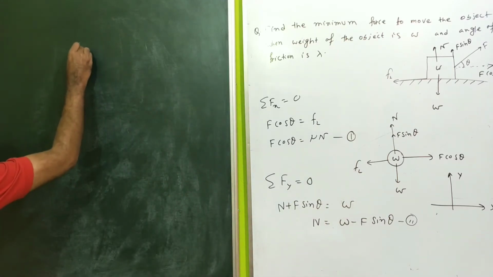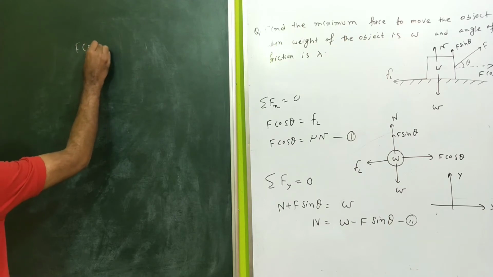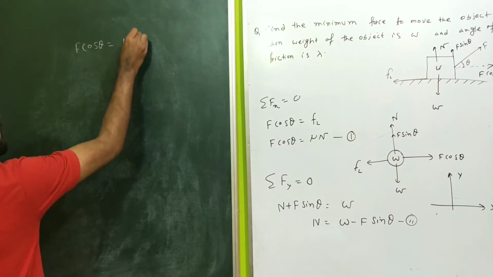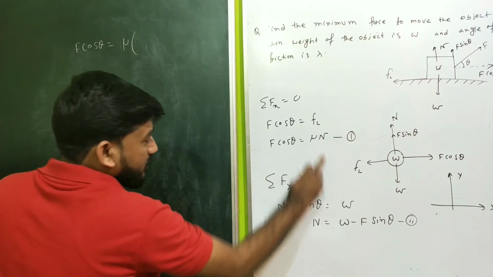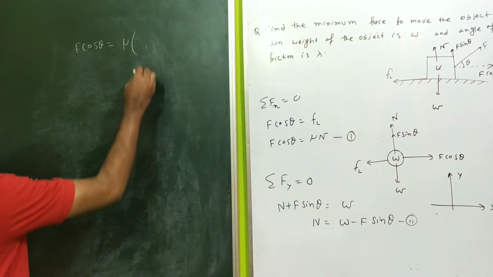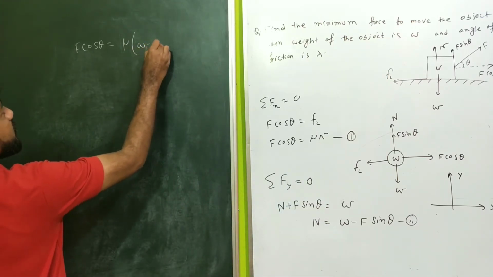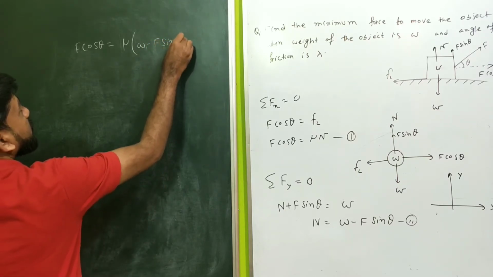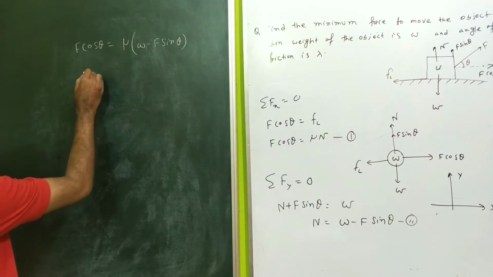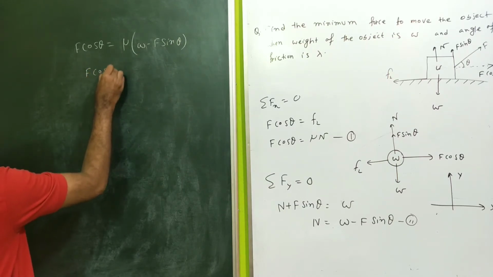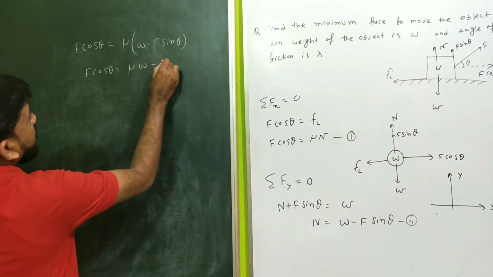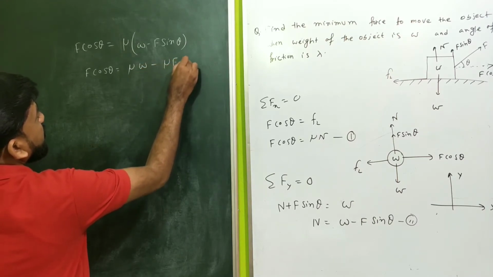You will obviously get F cos theta is equal to mu into, and your N is this W minus F sin theta. So it will be just W minus F sin theta. So we have F cos theta is equal to mu W minus mu F sin theta.